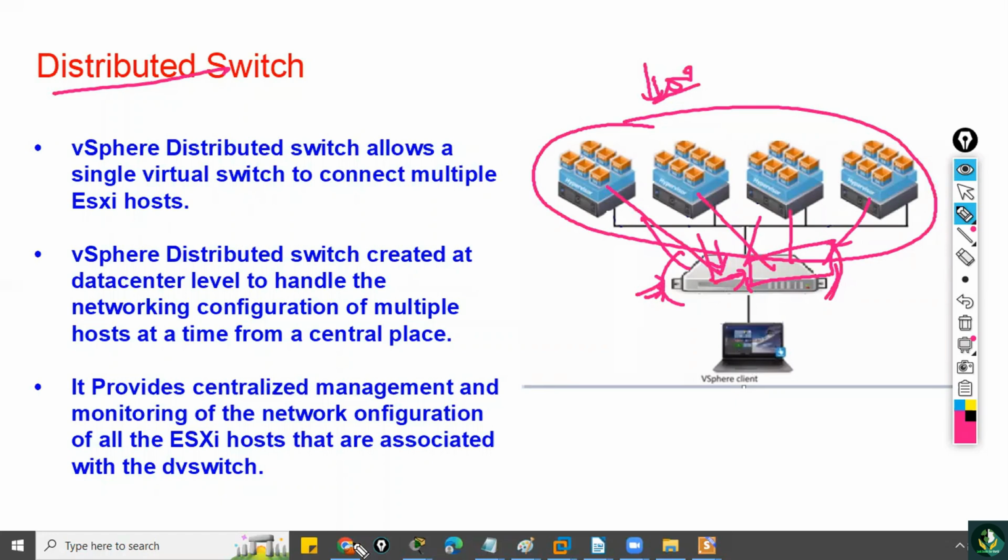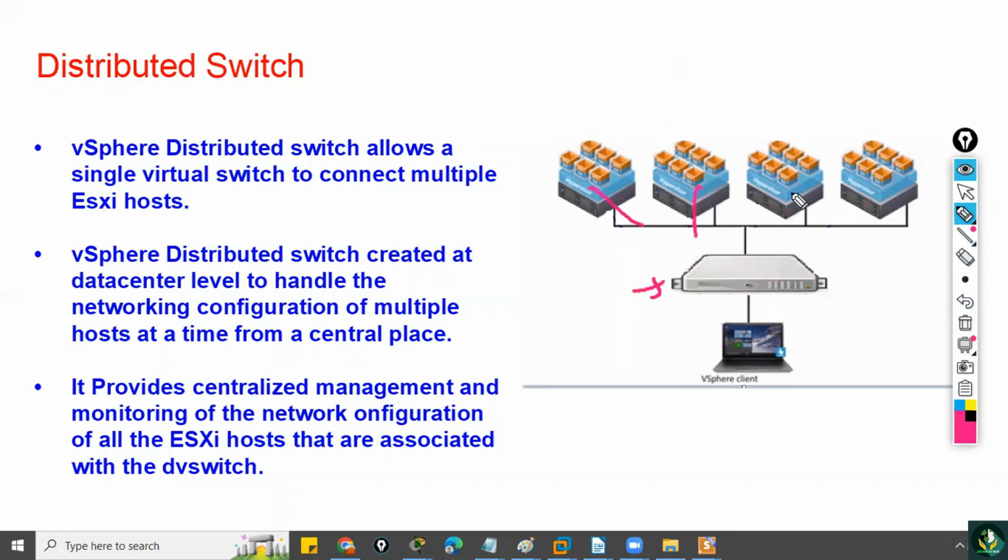Yes, sir. Distributed switch is a virtual switch. It is used to connect the multiple VMware ESXi hosts. You will create one distributed switch, and from this distributed switch you can manage the standard switches centrally.